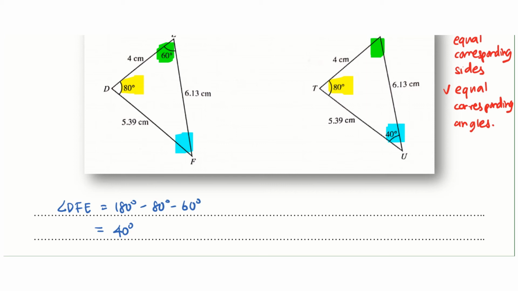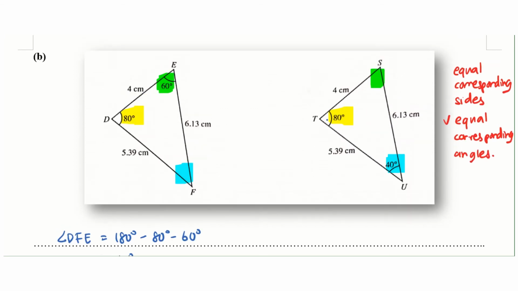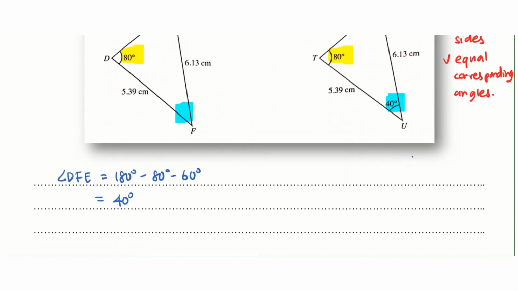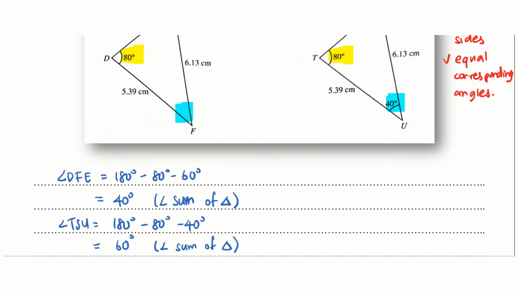Then when it comes to finding angle TSU, we also take 180 degrees minus 80 minus 40 degrees, and we will get 60 degrees. In both cases, we are using the angle sum of a triangle. This is just a recap of your angle property reason writing portion.